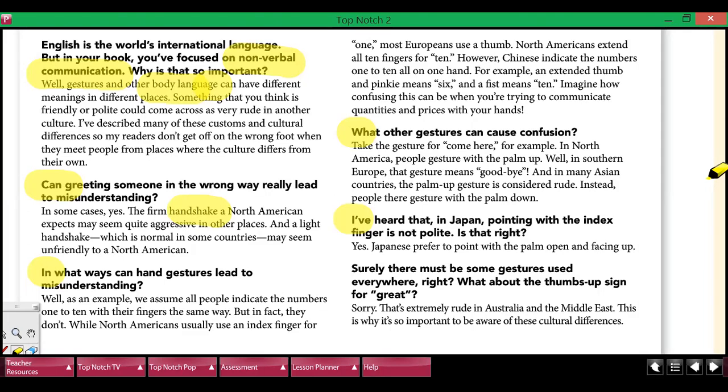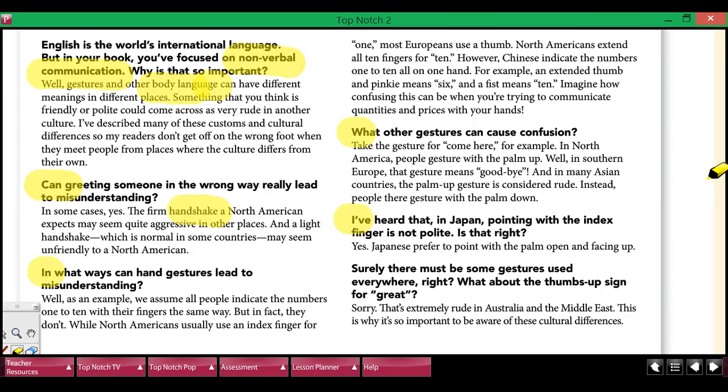In many Asian countries, the palm up gesture is considered rude. It is an offense. Instead, people do this. Come here. Okay, that is crazy, right?